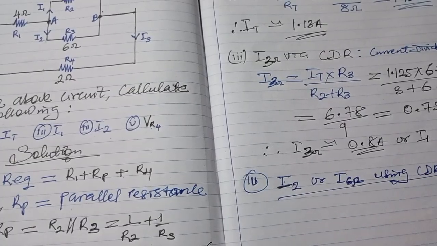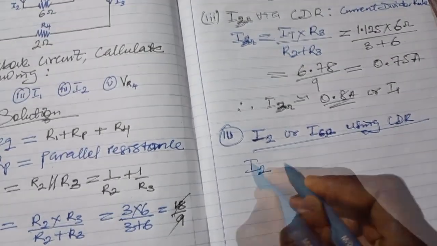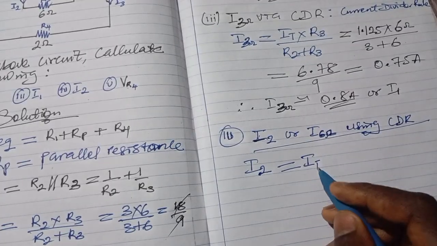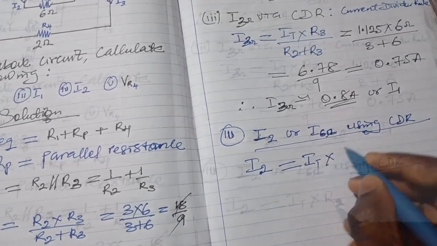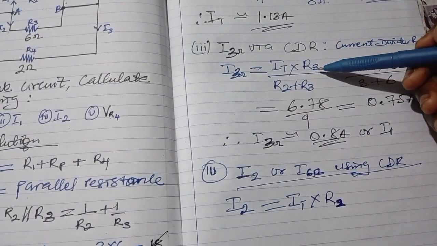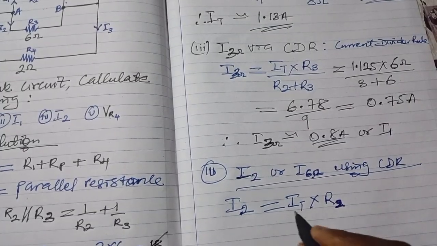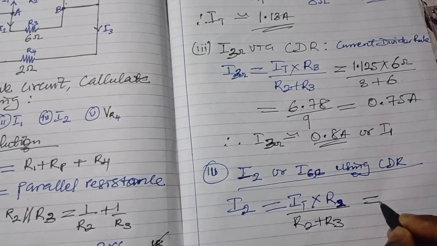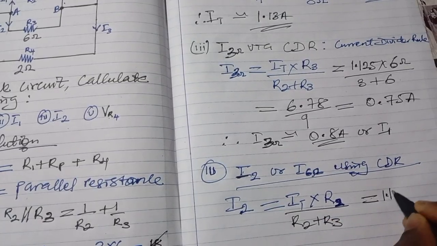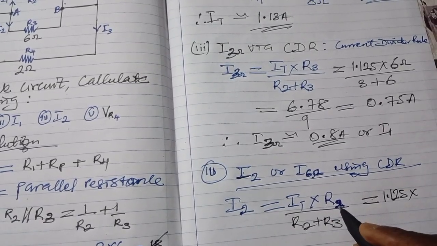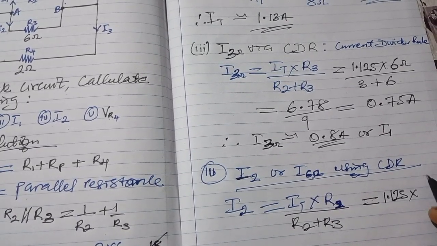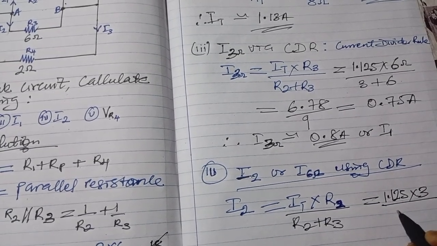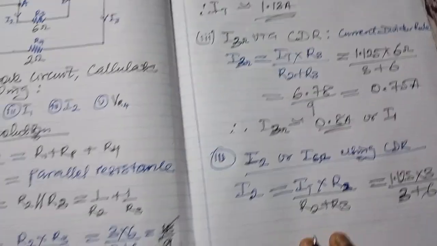We are still going to use the same method. So I2 is equal to I total, remember, you still go with I total, multiplied by R2. Remember, the first time we multiplied with R3, but we are going to divide with the same R2 plus R3. So this is equal to our IT, 1.125, multiplied by R2, which is 3 ohms, then divided by 3 plus 6.